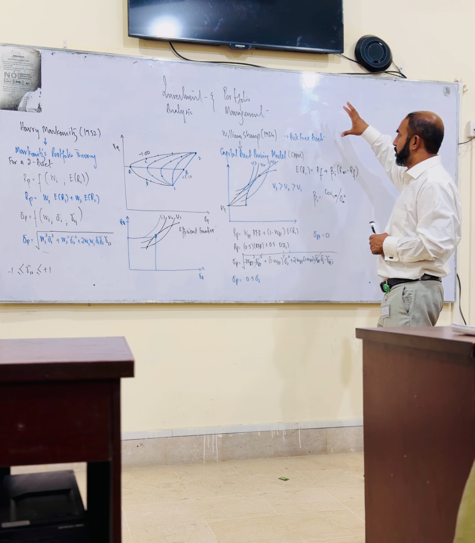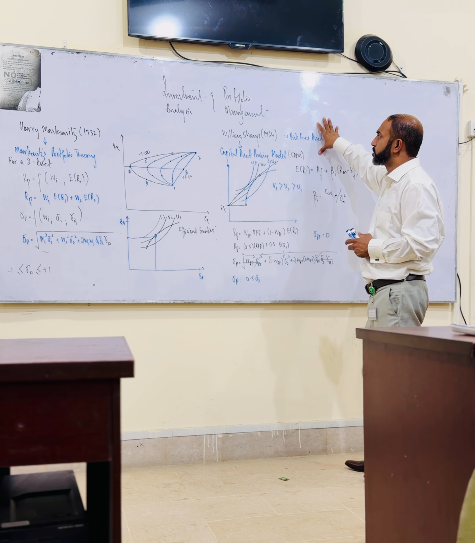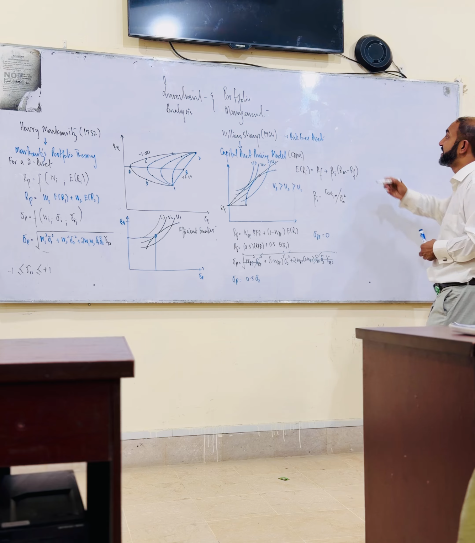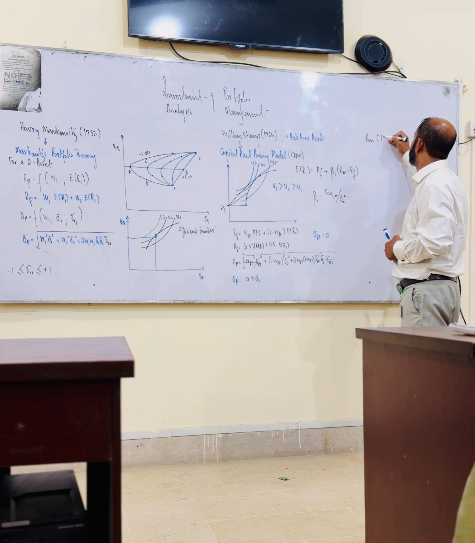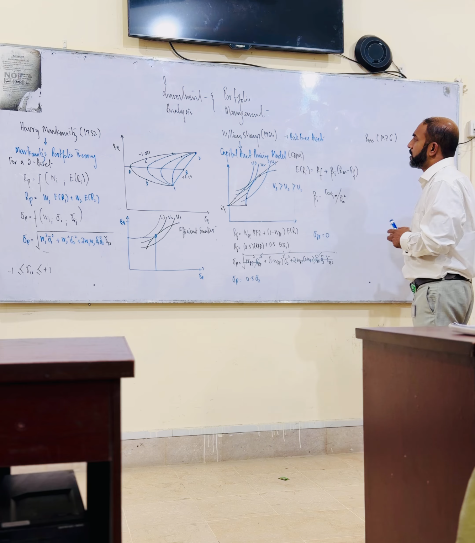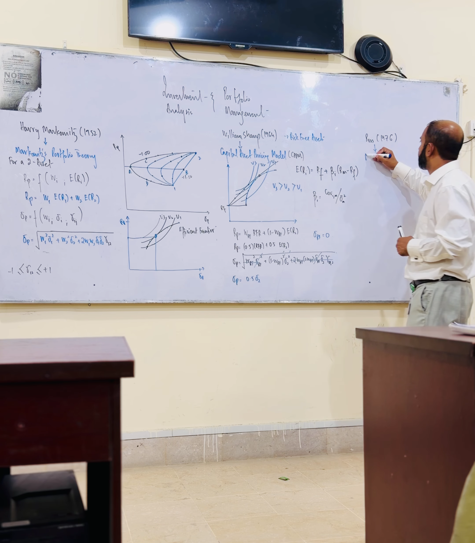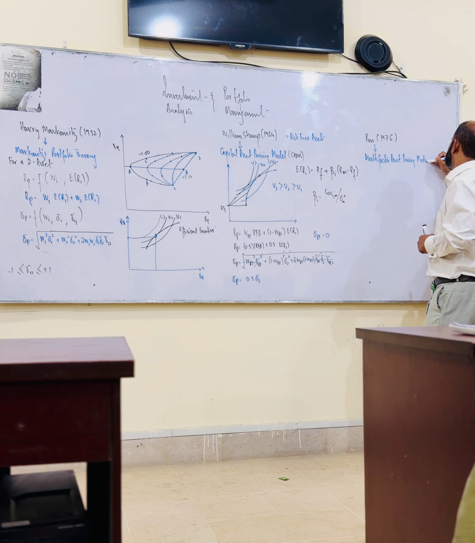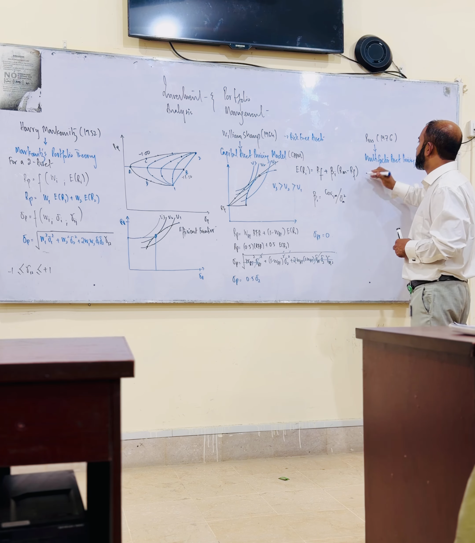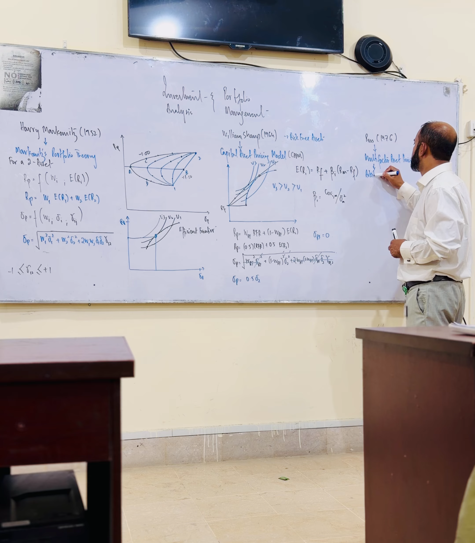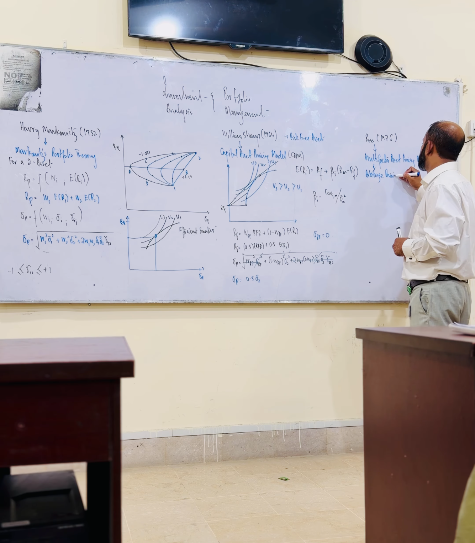Based upon the concepts of a single factor developed by William Sharpe, Ross in 1976 presented what is known as the multi-factor asset pricing model, also known as arbitrage pricing theory, known as APT.